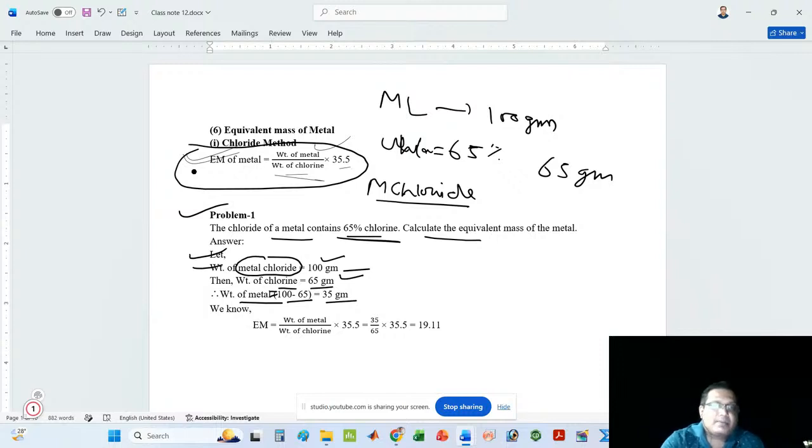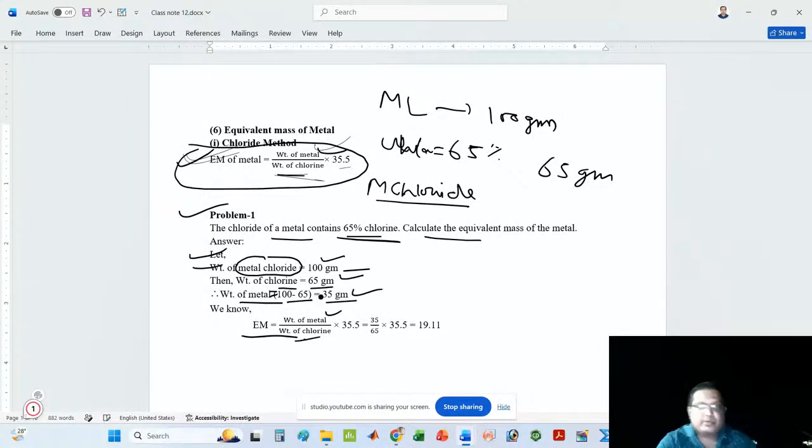Now apply the formula. Equivalent mass of the metal is equal to weight of metal divided by weight of chlorine, into 35.5. Weight of metal is 35 gram.